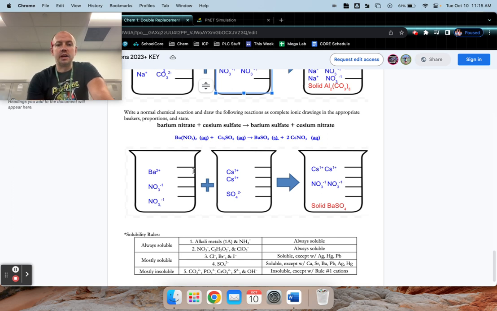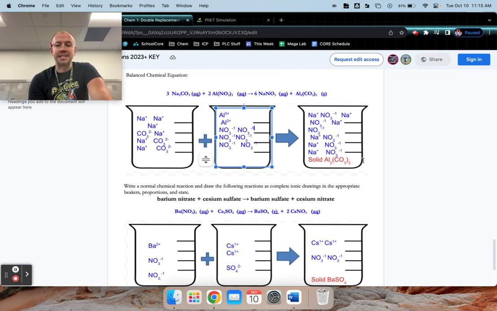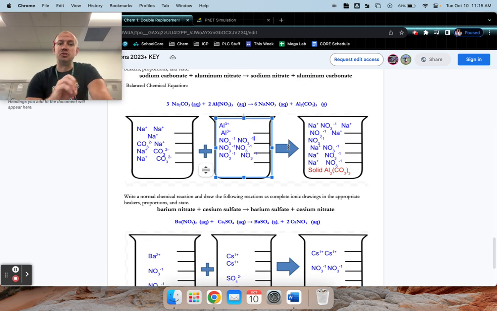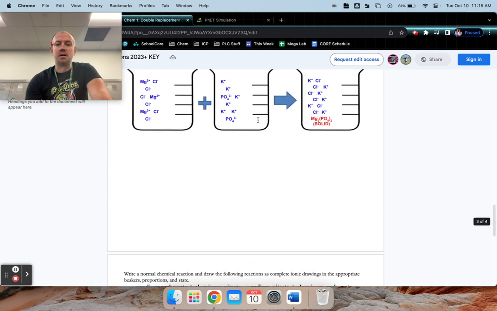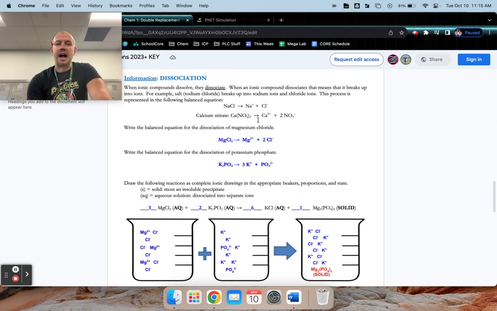While they are floating around, they have charges. Only when they are together and the positive and the negative are equal and opposite have we made something that is neutral without a charge. So once again, the key here, which we'll practice again on the lab, and we've got the answer keys, is that our ionic compounds break into cations and anions with charges.